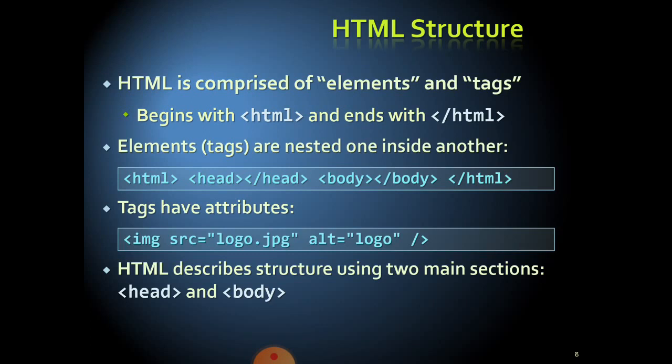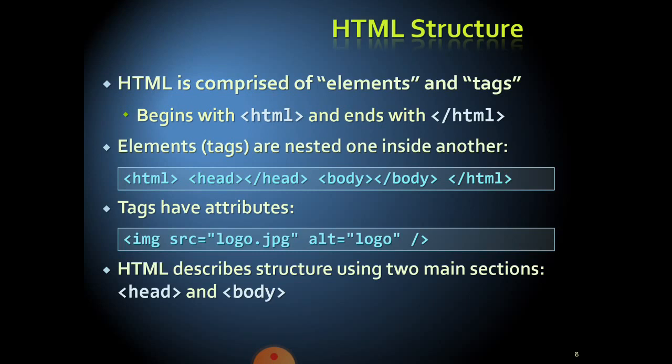HTML is comprised of elements and tags. When we begin an HTML program, the first tag is html enclosed in angle brackets, and it ends with /html. All the elements or tags are nested one inside the other.